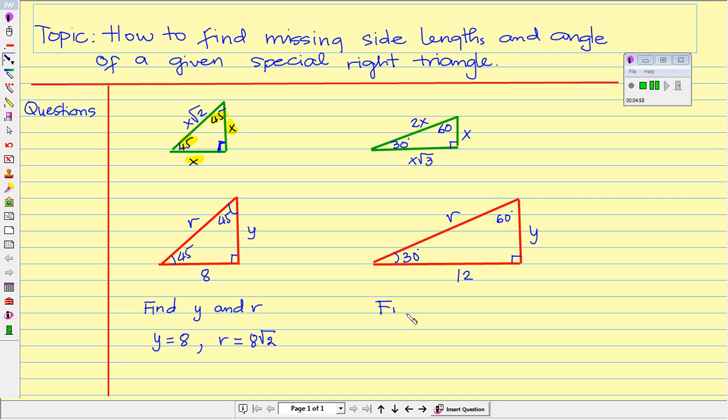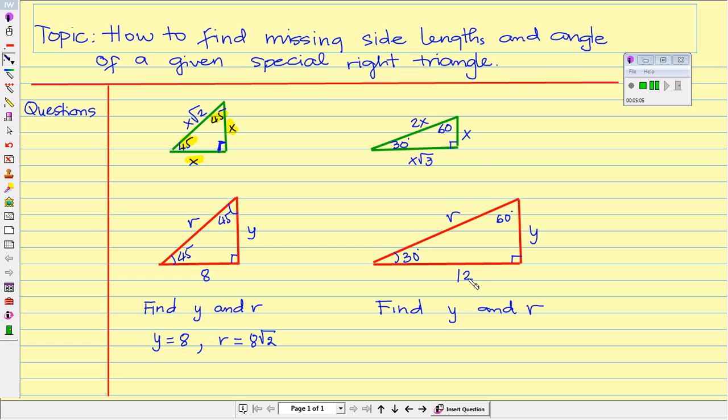We want you to find the side lengths Y and R again. We can compare with the special right triangle 30, 60, 90.